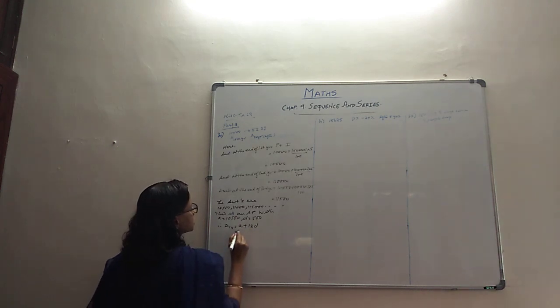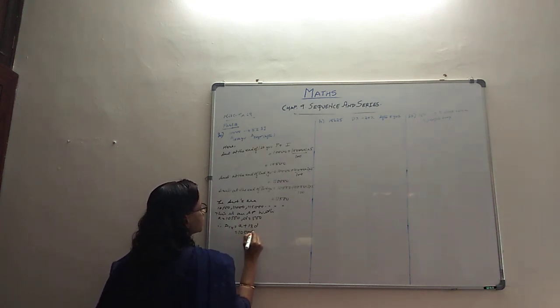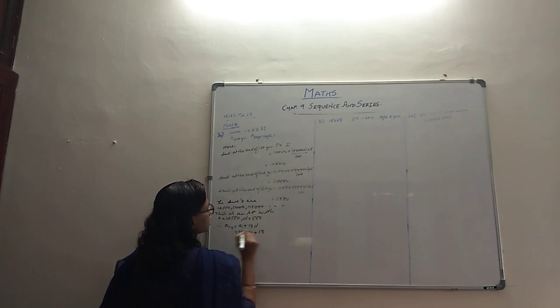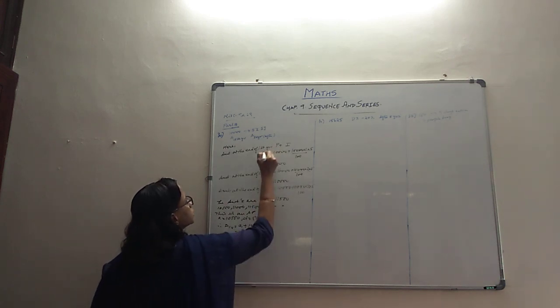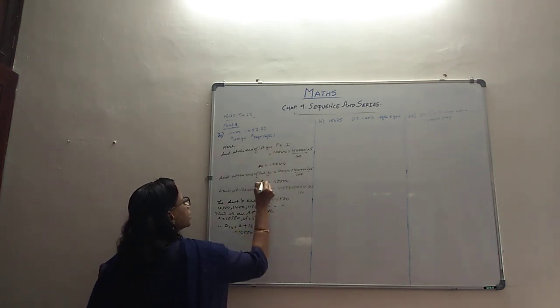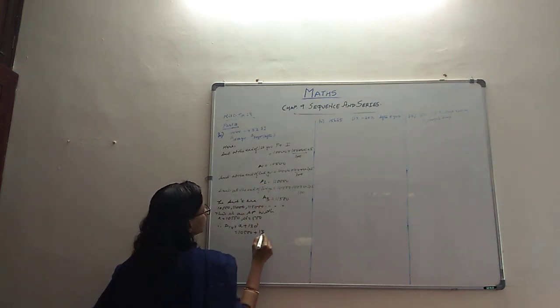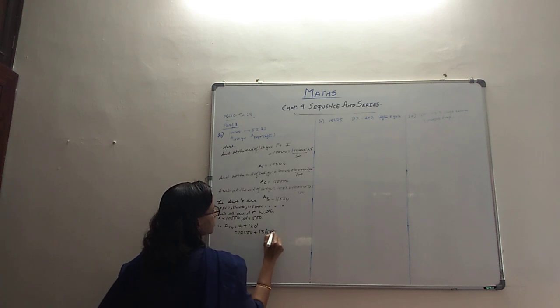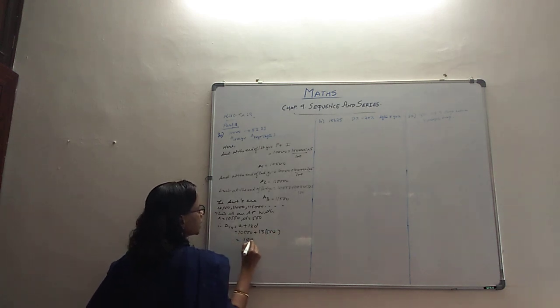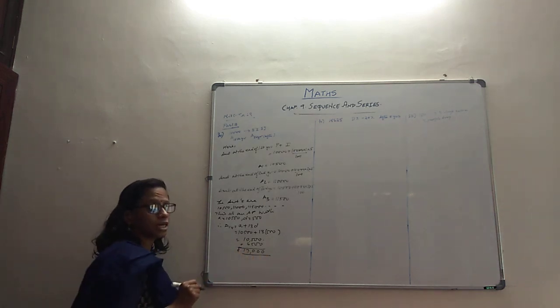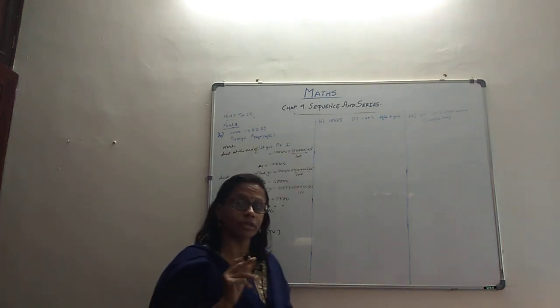So A for us 10,500 plus 13D for us 500. 13 into 5, I am very well versed, 65. So it is 6500. Let's add it. 17,000 rupees he will get at the end of the 14th year or in the 15th year.